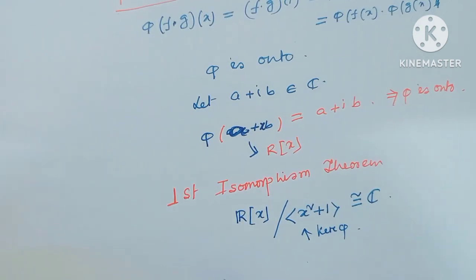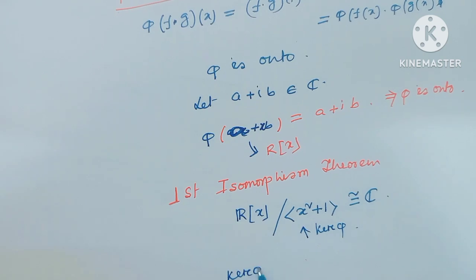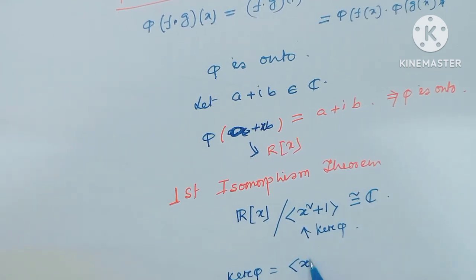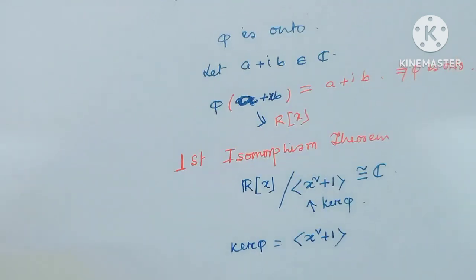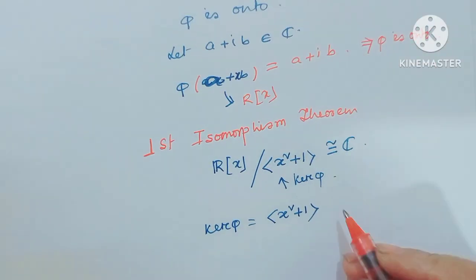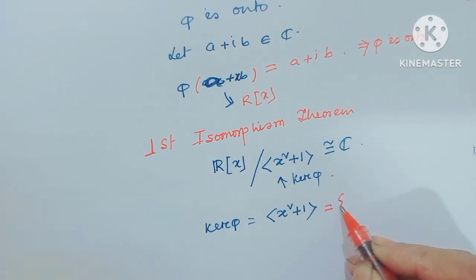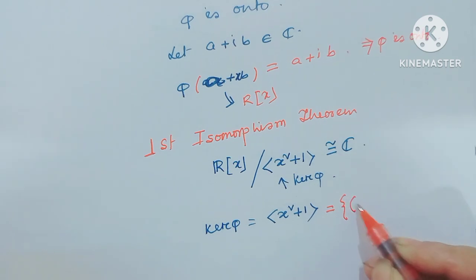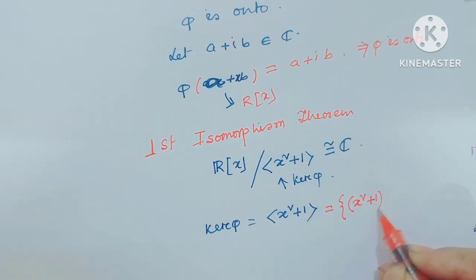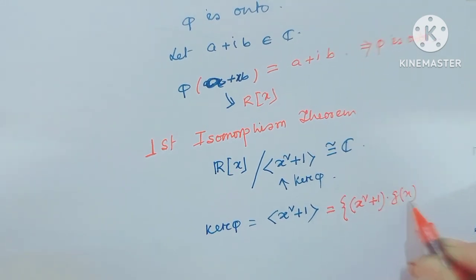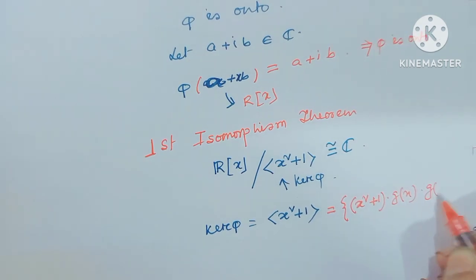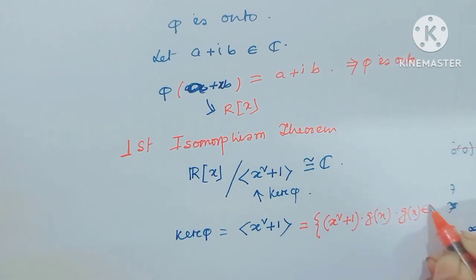Then we need to show the kernel of φ equals the ideal generated by x² + 1. The ideal generated by x² + 1 means (x² + 1) times some g(x), where g(x) belongs to R[x].